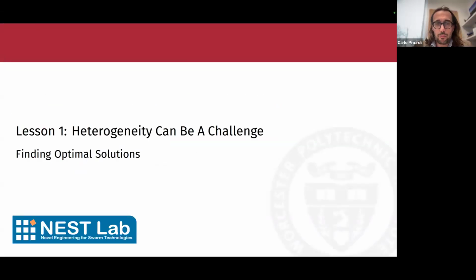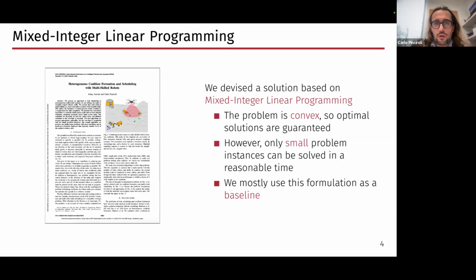So how do we find optimal solutions in this case? One of the ways in which we can do it is to devise algorithms that are based on mixed integer linear programming. Now, in the spirit of keeping everything very high level and formal, I'm not going into the mathematics. It's very grueling. I mean, it's MILP, so it's never fun to go through all of the equations. I'm very happy to do that, though.